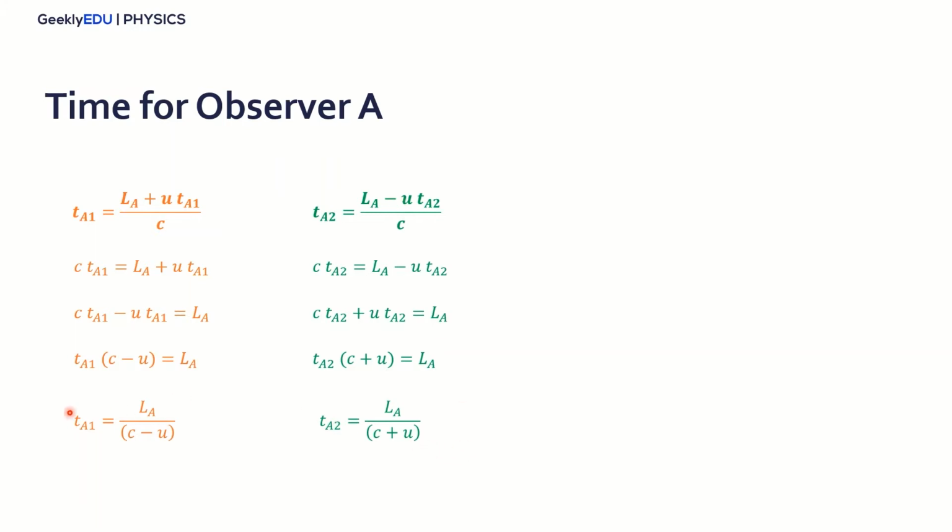Now that we isolated TA1 and TA2, we can just add them, all right? So the total time for A is LA over C minus U plus LA over C plus U. So here we can still do some other simplifications, okay? We can put this sum here to a common denominator, all right?